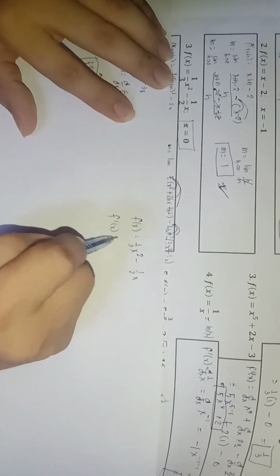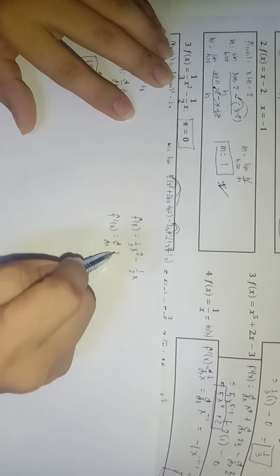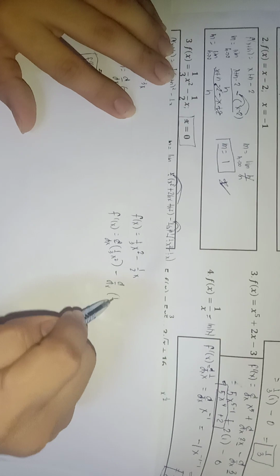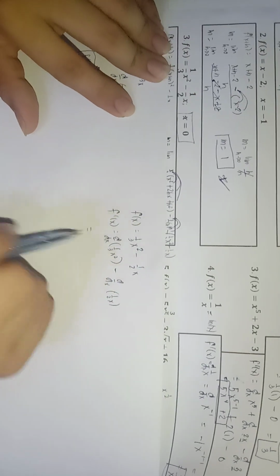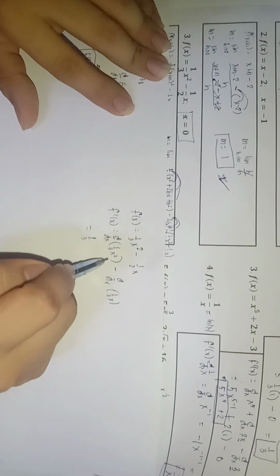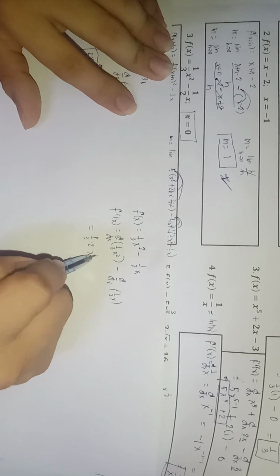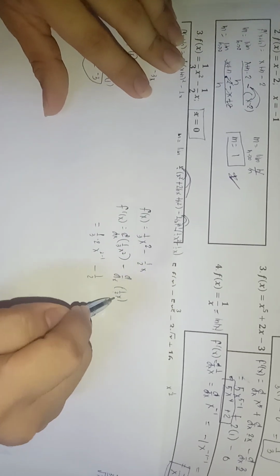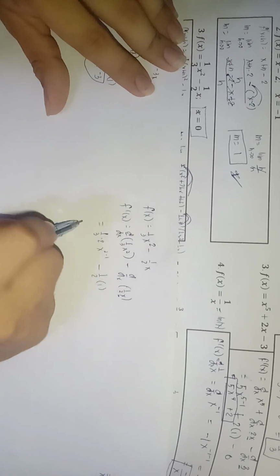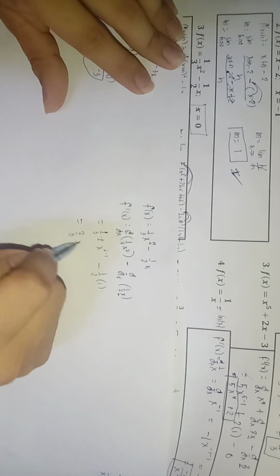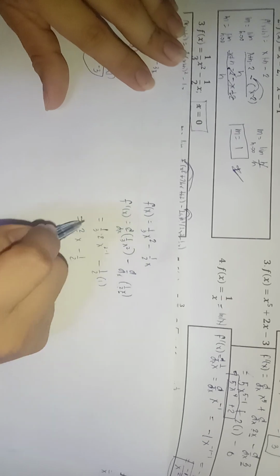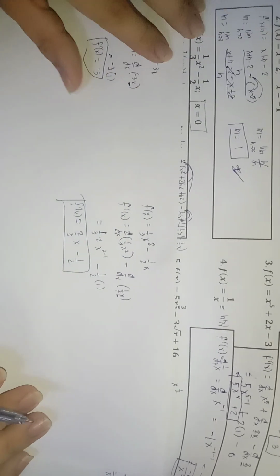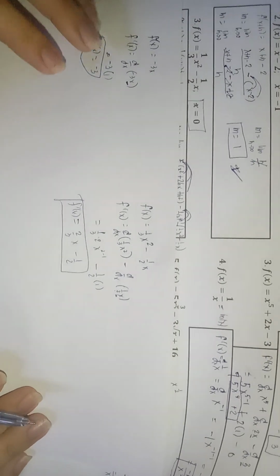The derivative of your function is the derivative of 1/3 x squared minus the derivative of 1/2 x. Apply the rules natin. Copy 1/3, drop the exponent, copy, minus 1, minus, copy the 1/2, then the derivative of x is equal to 1. We have 2/3 x minus 1/2, and this is the slope of your tangent line to a curve. So pareho lang po tayo ng sagot.